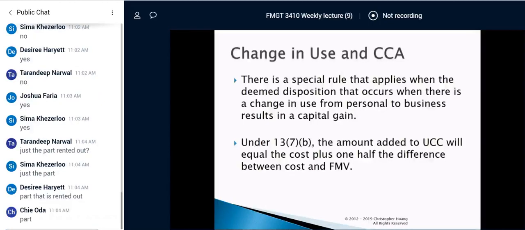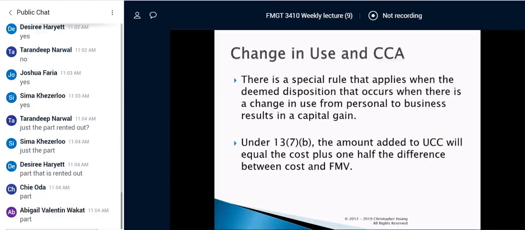So that's an interesting question, because if you think about it, the Act, when you read the principal residence rules, so if you go to 54, so why don't you turn to 54 for a second.